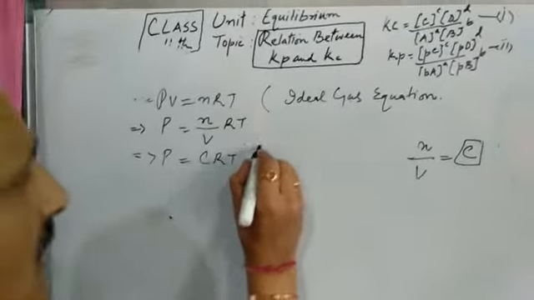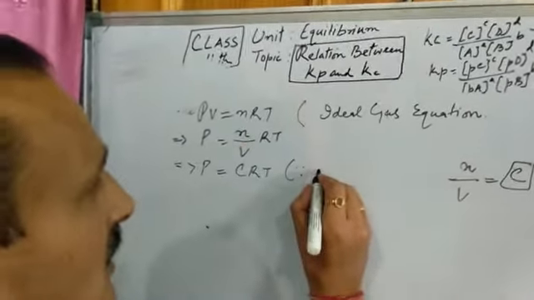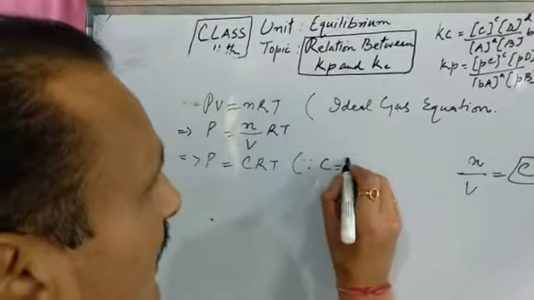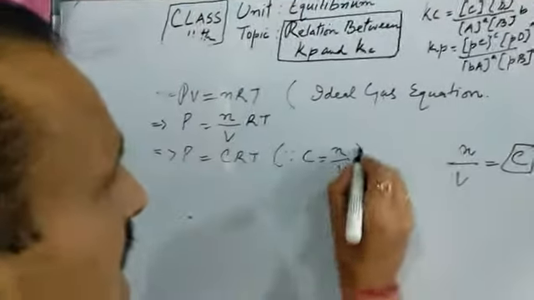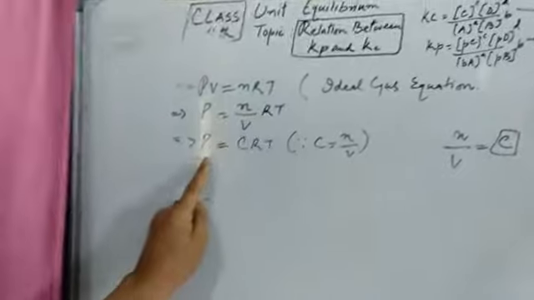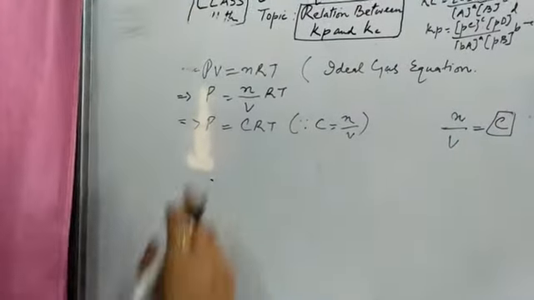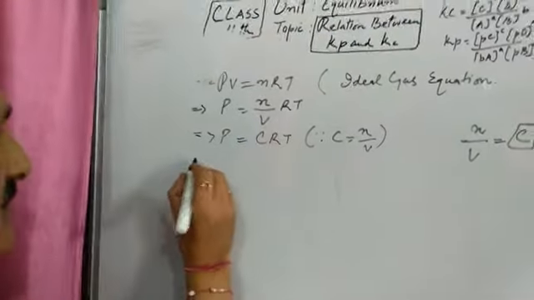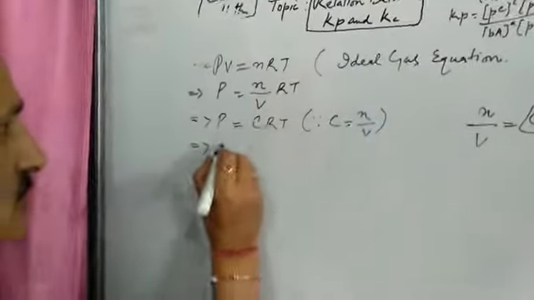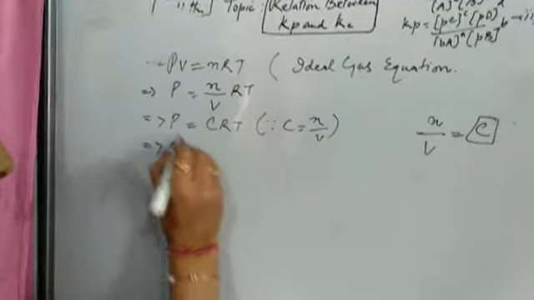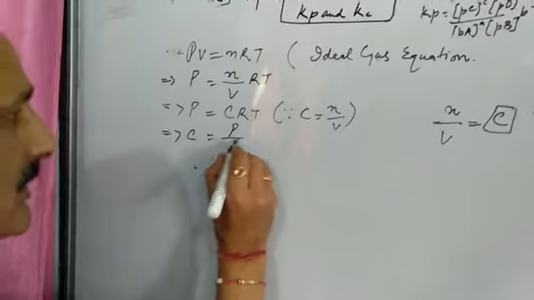Why? Because C is equal to n upon V. So from this we get that P is equal to CRT. We can find concentration from this equation, that is C. So C will be equal to P upon RT.